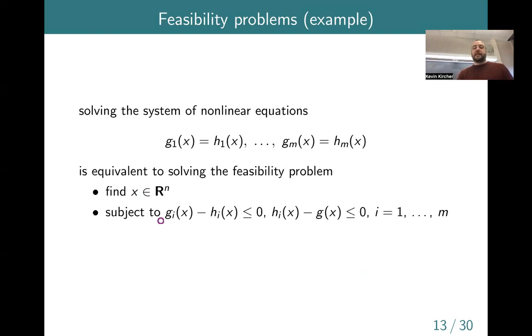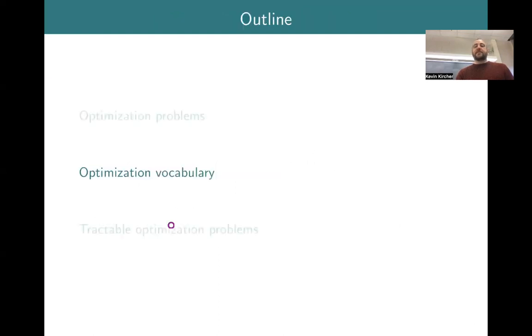So find x subject to, and then we do our tricks here where we turn these equality constraints into non-positivity constraints. We already showed that a feasibility problem you can reduce to an optimization problem. So in some sense, if we can come up with an optimization solver, then we have solved this other thing, solving nonlinear equations, which is pretty difficult to do efficiently and exactly. That's just to convince you again that optimization is pretty rich and challenging.